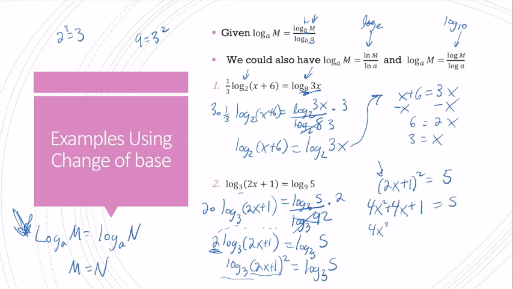So I get 4x squared plus 4x, subtract 5 from both sides, so I have minus 4 equals 0. And I'm going to pull out a factor of 4. So I have x squared plus x minus 1 equals 0.